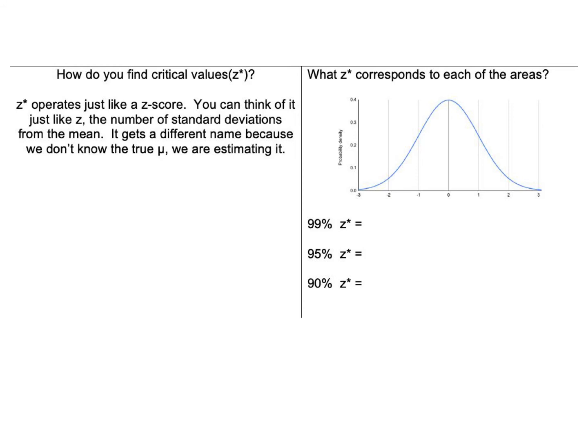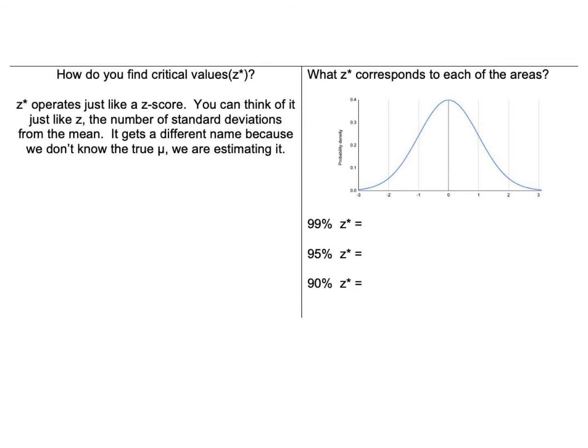So let's talk about this whole z-star thing. If we don't know our true proportion, we don't truly have a z-score, so we call it z star. It's called our critical value, but again, it operates just like a z-score. It's the number of standard deviations away from the mean. It gets a different name because we don't know our true mean.